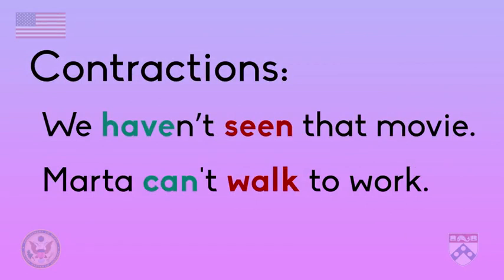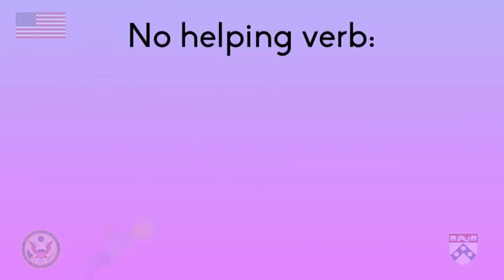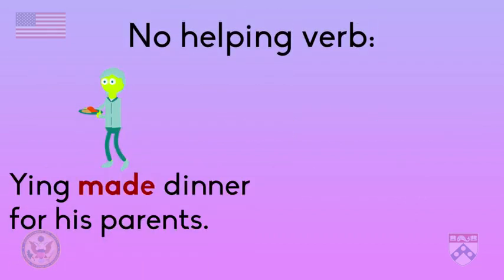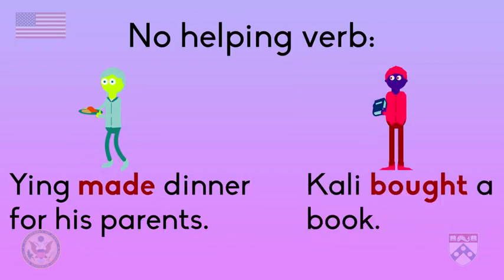Those sentences already had helping verbs, so it was easy to add a negative. But lots of sentences don't have helping verbs, such as Ying made dinner for his parents, and Callie bought a book. Remember, we can't add a negative to a sentence unless it has a helping verb.